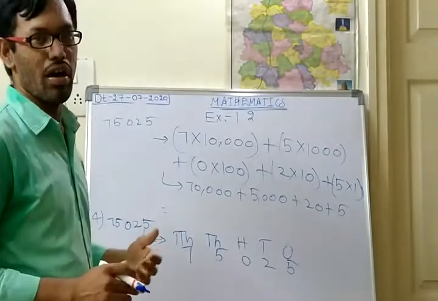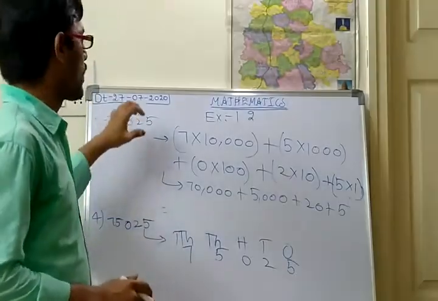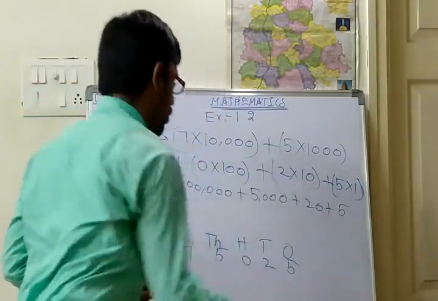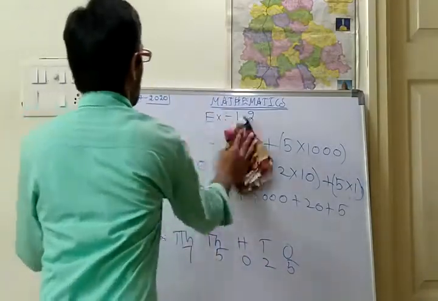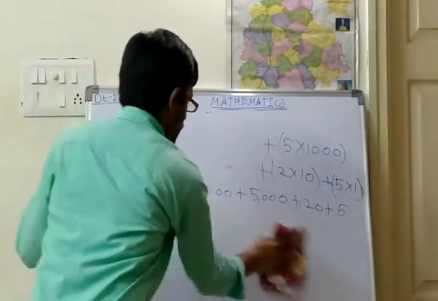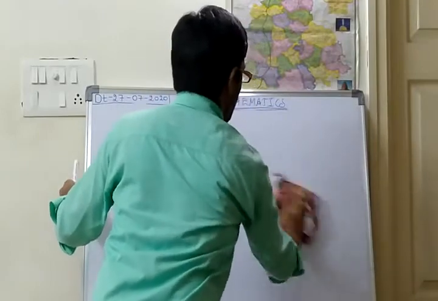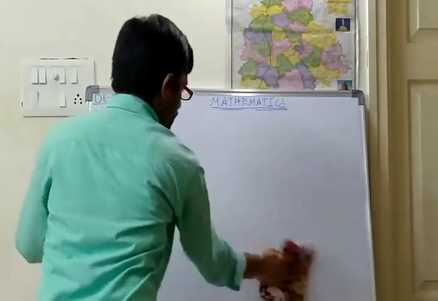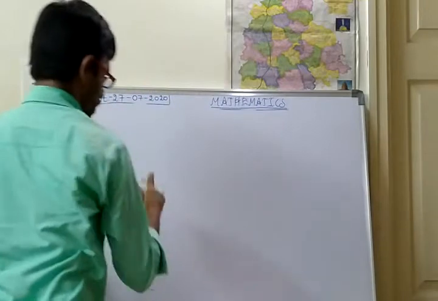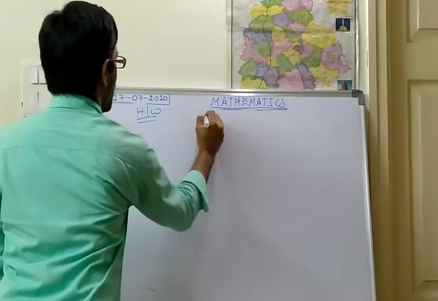So this is today's class, and now I am giving some homework problems. Try to do the homework problems in this exercise part. They will be very easy. If you have any doubts, you can recall my class so that you can understand. So homework problems, exercise 1.2.